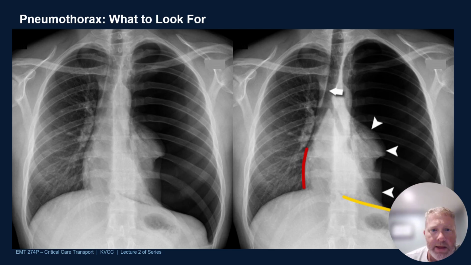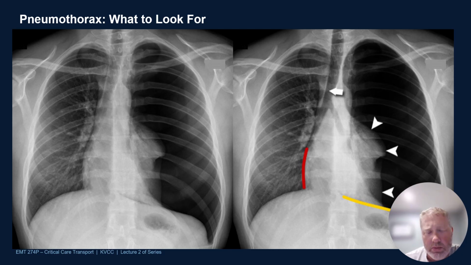But if a patient has respiratory distress, if they have rising pressures on the vent, if they're hypotensive, or if their breath sounds on auscultation are unilateral, so you hear more on one side versus the other, those can clue you in on whether what you see on the X-ray confirms that you suspect a pneumo.